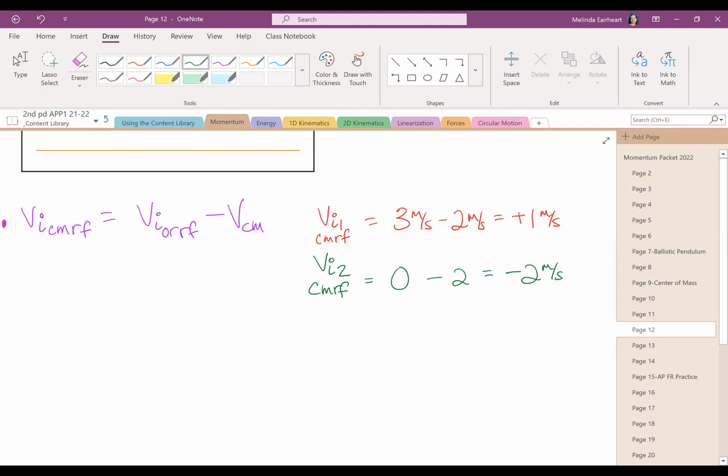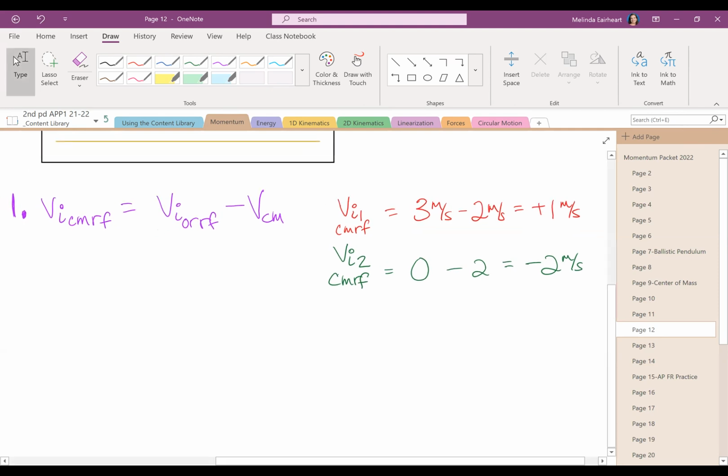Okay. And then, trying to use my colors. If I mess up the colors, you'll just correct me. Then step 2 is, I think, the part where the elastic collision occurs.